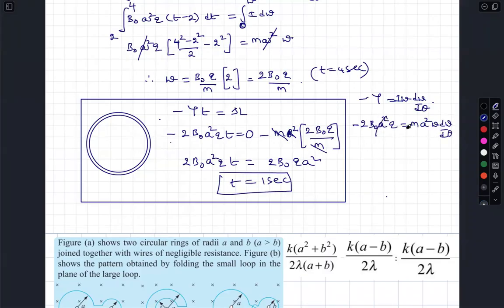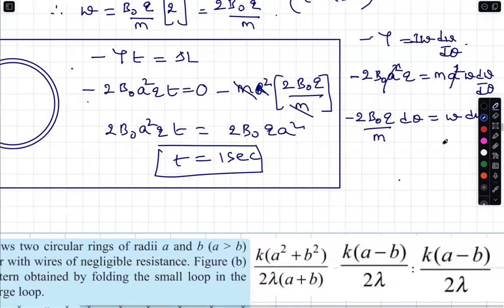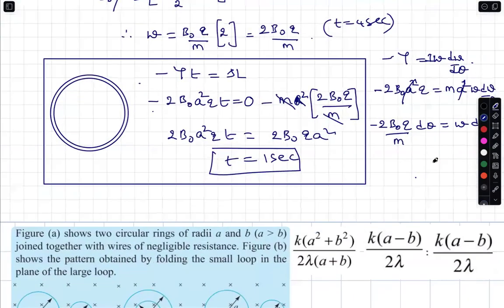Now do the arrangement properly. And omega is a decreasing term, don't forget that. Minus 2B naught q by m d theta is omega d omega. Okay, no issues.